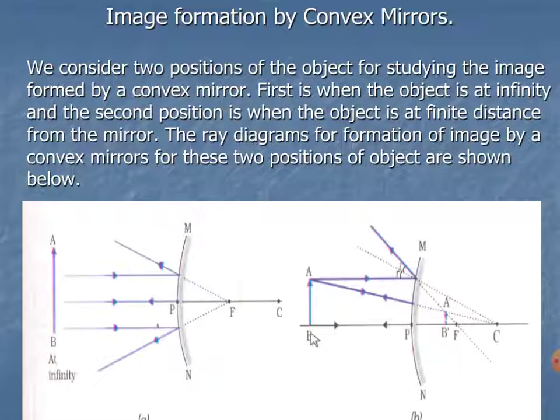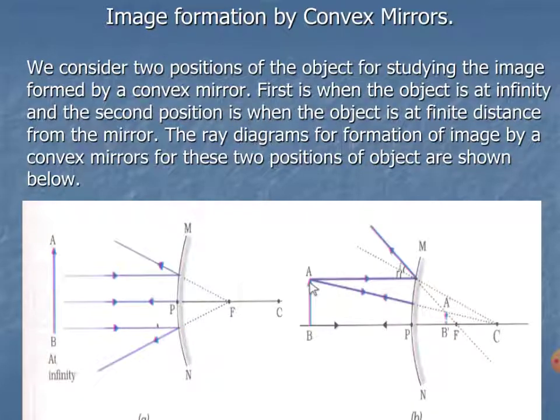Got it? In this case also, even though the object is placed at a finite distance, when you compare the size of the object AB and the size of the image A prime B prime, the image size is very small compared to the size of the object. And also erect. This upper portion is here also upper portion, the lower portion here lower portion. So we call it erect.